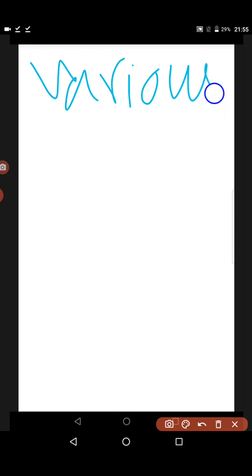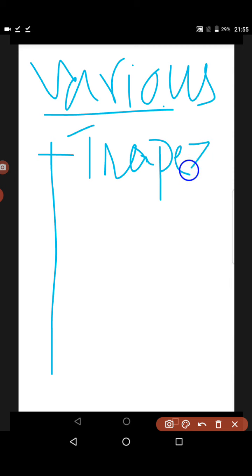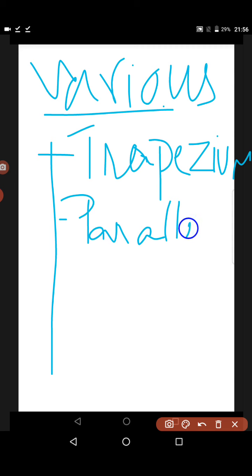Now let's look at various types of quadrilaterals. There are many types of quadrilaterals, right? So in this 8th class, we are going to learn about some only. Trapezium. So this is a new one, right? Trapezium. Parallelogram. I think we studied a little, but we are going to study briefly now.